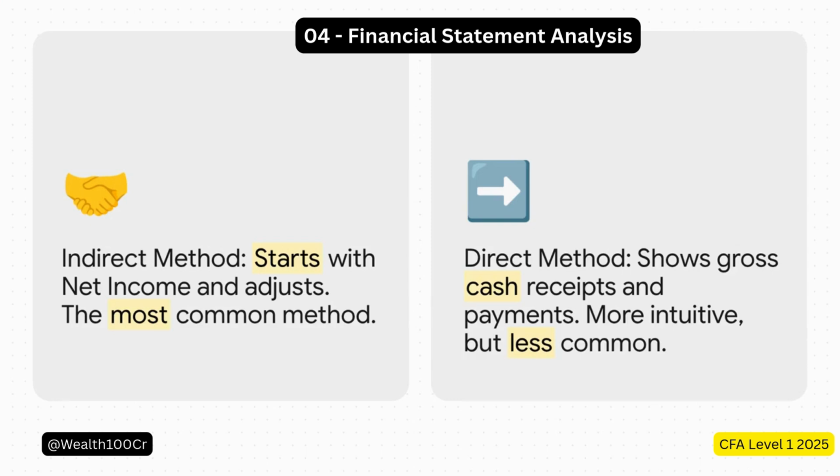It cleverly starts with net income from the income statement and then makes a series of adjustments to work its way back to cash. On the other side is the direct method. It's way more straightforward. It literally just shows you cash we got from customers and cash we paid to suppliers. It's easier to understand for sure, but you almost never see it. So for our purposes, we're going to focus on mastering the indirect method.